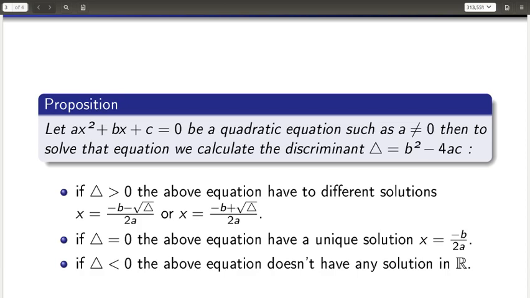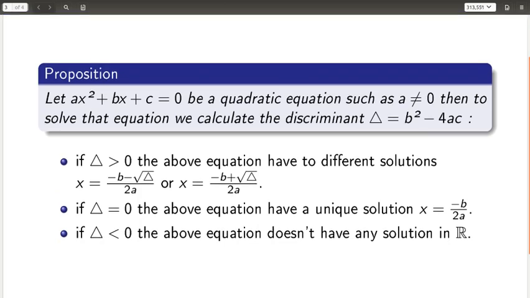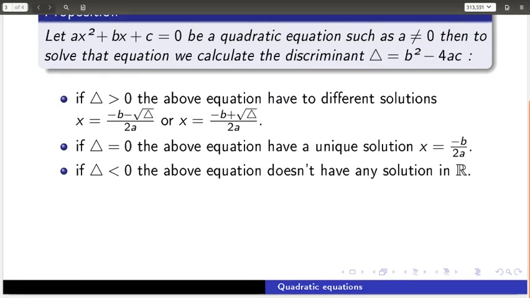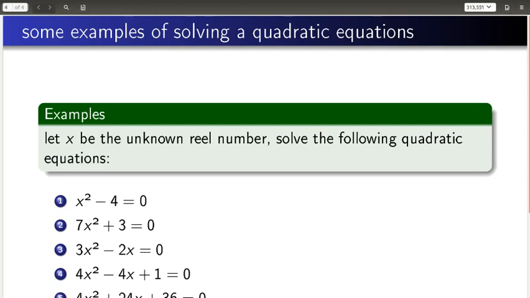So now we shall give some exercises to practice a little bit on how to solve a quadratic equation.